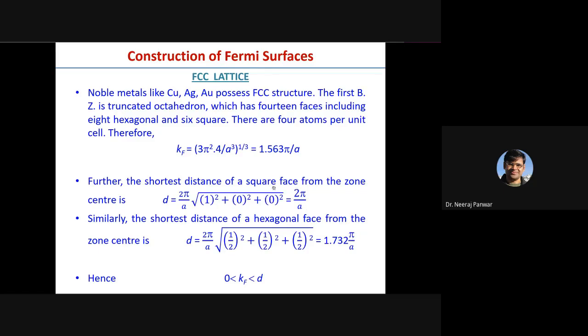So the square faces are further from the origin in comparison to the hexagonal face, because for the square face the distance is 2π/a, but for the hexagonal face it is 1.732π/a. Again, we can see that for any face, be it square face or hexagonal face, the radius of the Fermi sphere is smaller than the distance d.